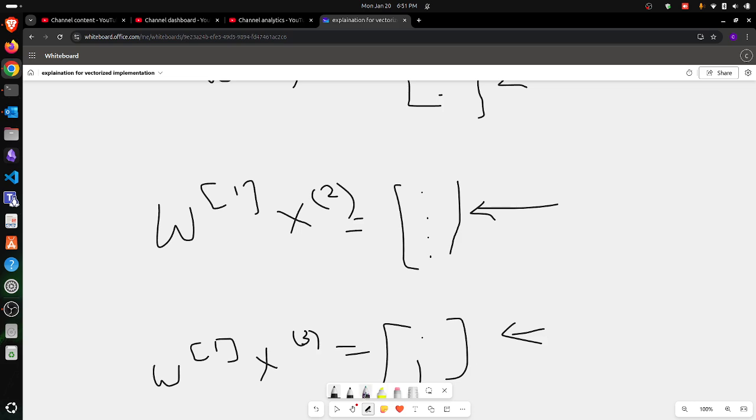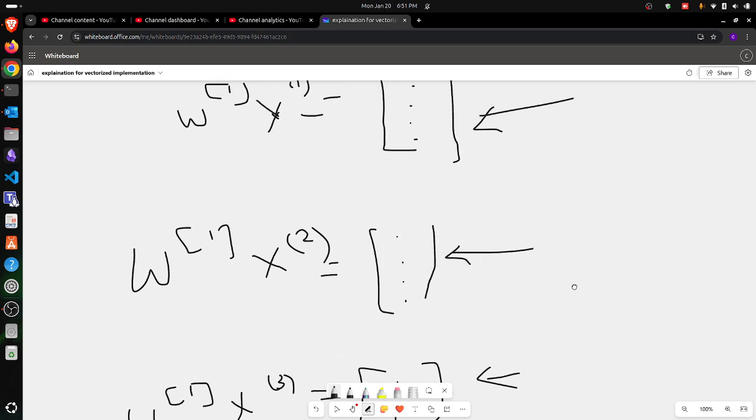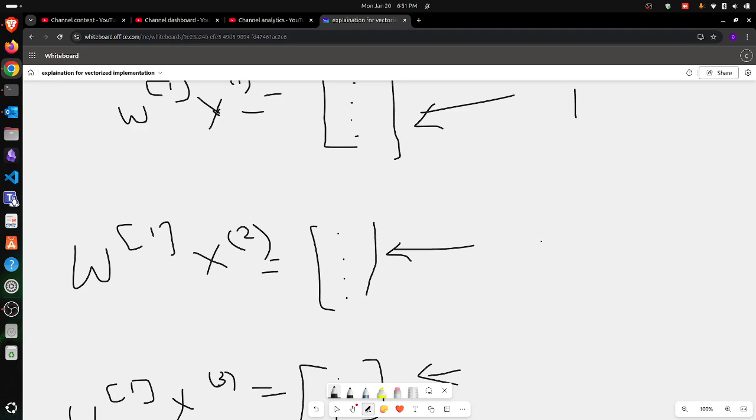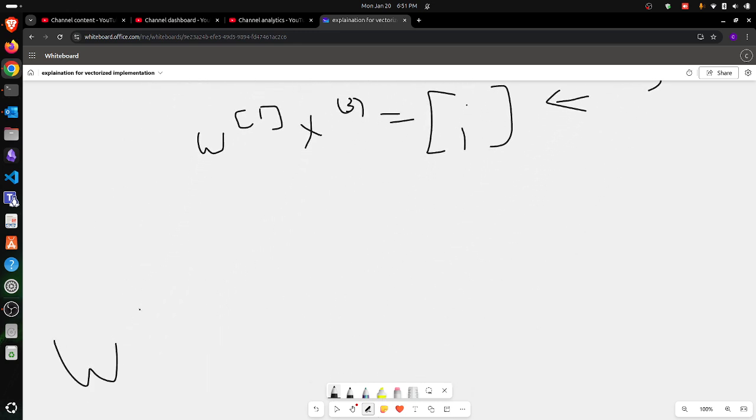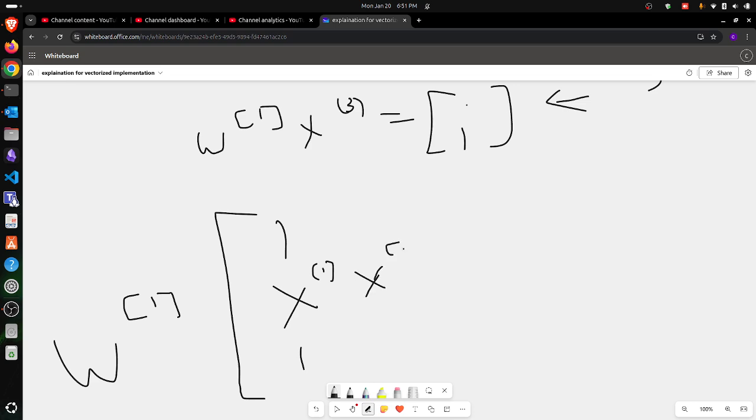Let's just think that these are 1, 2 and 3, and let's suppose we are considering only 3 training examples. So this is x1, the first cat, second the dog, and third the cat example.